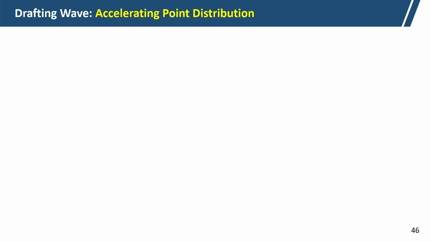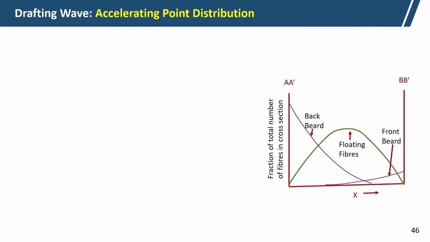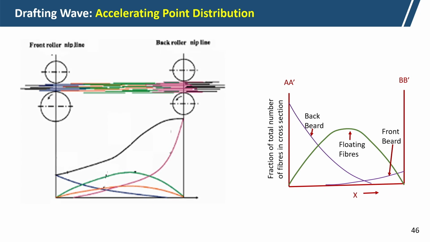Now, try to see the accelerating point. Where is the accelerating point? You can see it in this picture. Here is the back roller nip and here is the front roller nip.